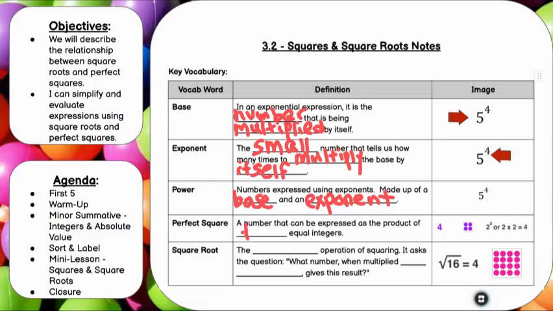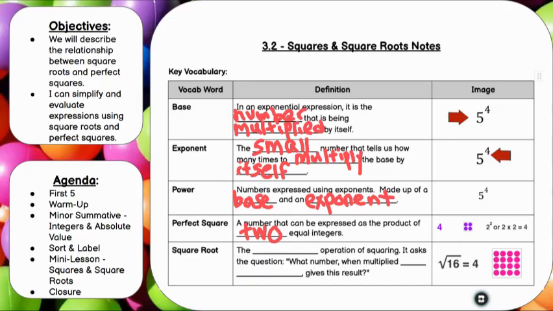So if you look at the image on your paper or on the screen, we have a square that consists of 4 purple dots, which means each side of that square has 2 purple dots. So 2 squared is the same thing as 2 times 2, which would equal 4, because there are 4 purple dots in that square.